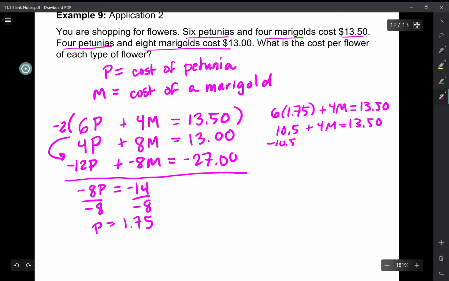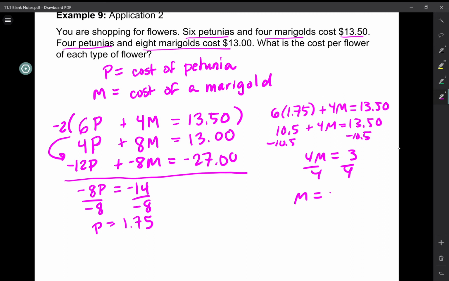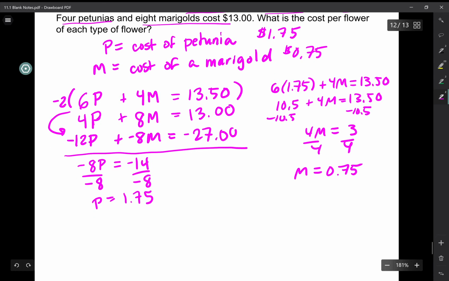Minus 10.5 from each side. 4m equals 3. Divide by 4. M equals 0.75. And it's fine to use a decimal. This is dollars anyway. So the price of a petunia is $1.75, and the price of a marigold is 75 cents. All right, we should check our answers.